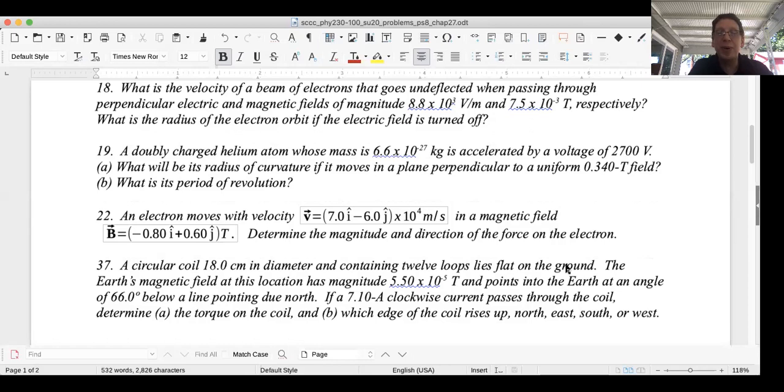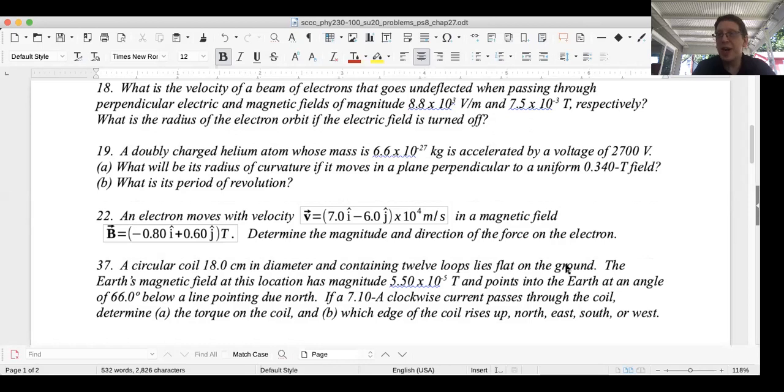And if a 7.0 amp clockwise current passes through the coil, determine the torque on the coil and which edge of the coil rises up: north, east, south, or west. So there are a couple of ways you can think about this problem. You can think about this qualitatively.